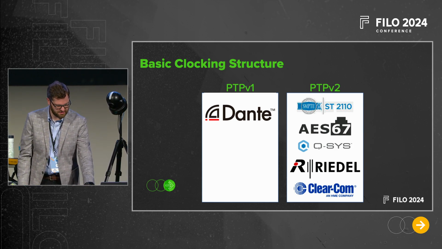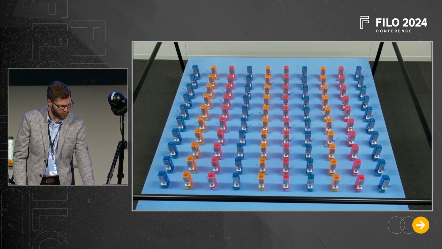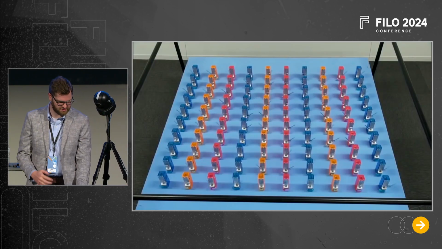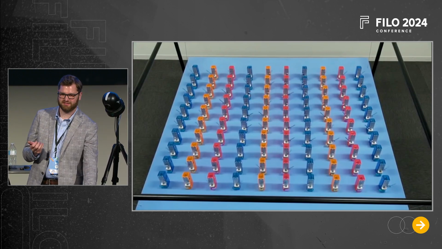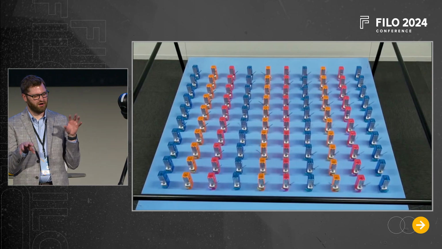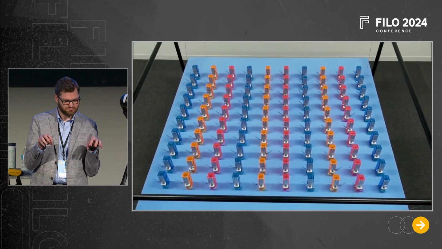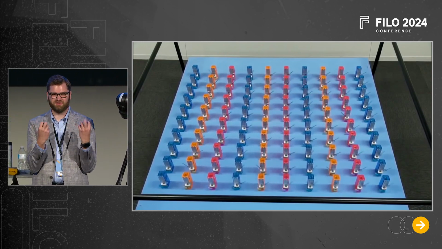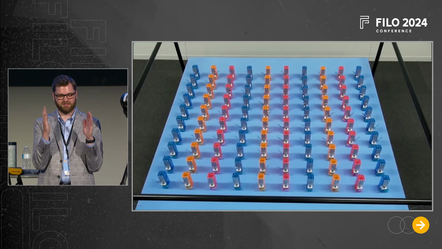So with PTP, what happens when you start plugging in devices on your network is kind of like a floating table of metronomes, where all the devices come online and they all have different clocks. Each device has an individual clock that isn't synchronized to anything.